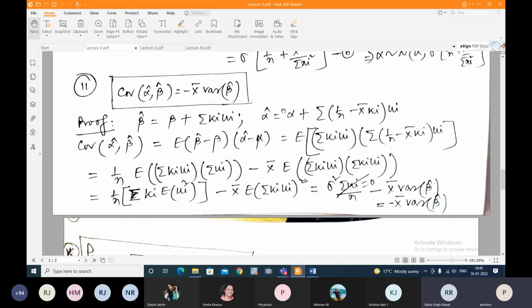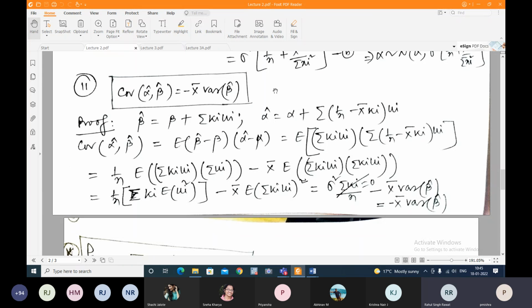Now, if alpha hat and beta hat are unbiased estimators, then expectation of beta hat would be equal to beta and expectation of alpha hat would be equal to alpha.